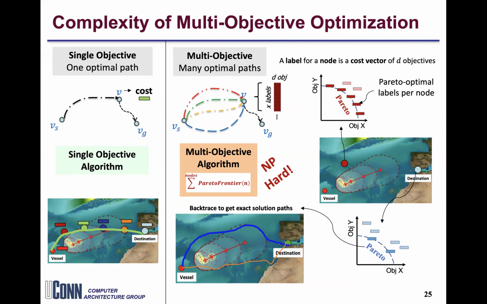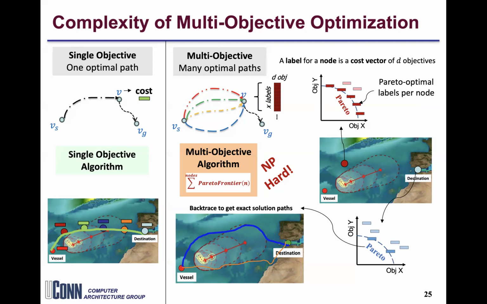You're now aiming to settle on a Pareto optimal front for that node. So in a multi-objective algorithm, what you do is you want to compute the Pareto frontier for all the nodes in the graph. Once that Pareto frontier is computed, like this, these dark red labels are computed, you have all the Pareto frontiers, and now you can take your decision component and say, in this case, I want to trace back on a shortest path that co-optimizes some D objectives.